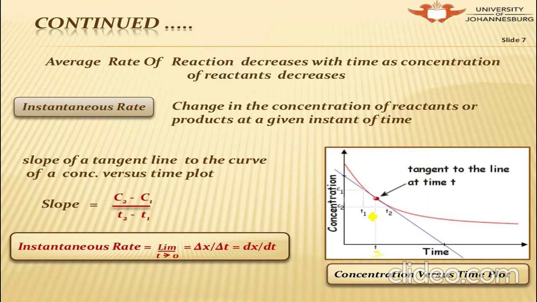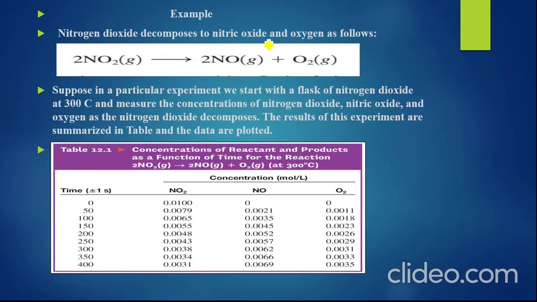Okay, now let's do an example so that you can understand fully. Nitrogen dioxide decomposes to nitric oxide and oxygen as follows. Here nitrogen dioxide is decreasing with time, while nitric oxide and oxygen are increasing with time.